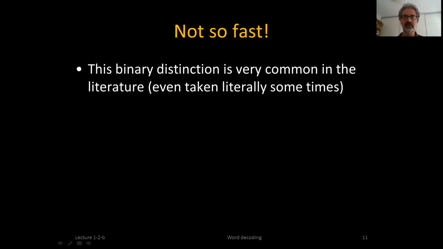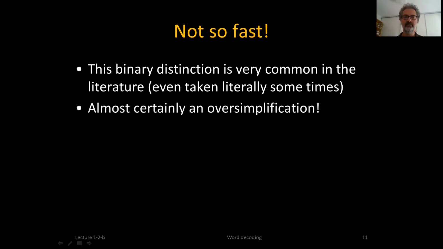Now, this does not imply that the mappings are done in a different way. Maybe they are, maybe they aren't, but we've only been talking about two units of different sizes so far. Thinking about decoding as being just two possibilities, and indeed two very different possibilities, is very certainly an oversimplification.